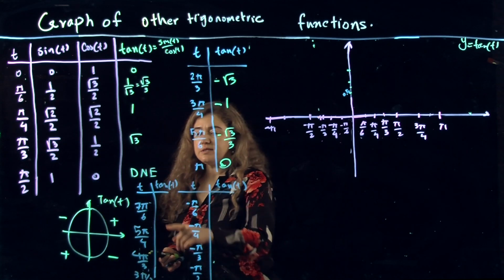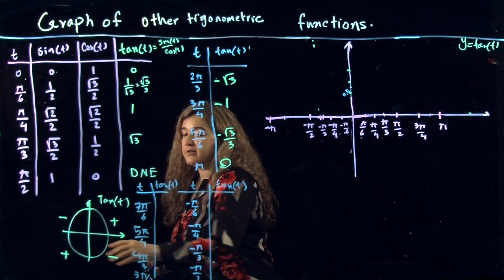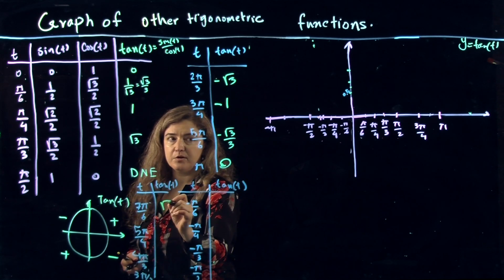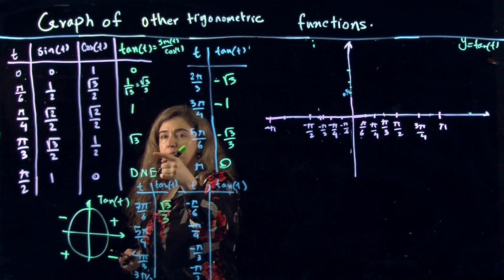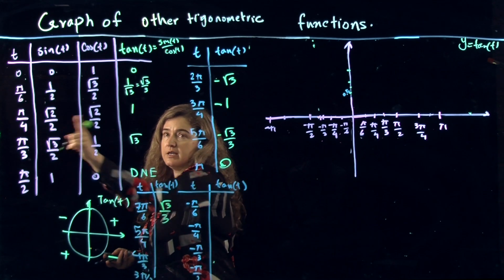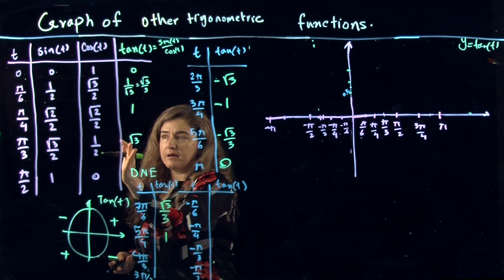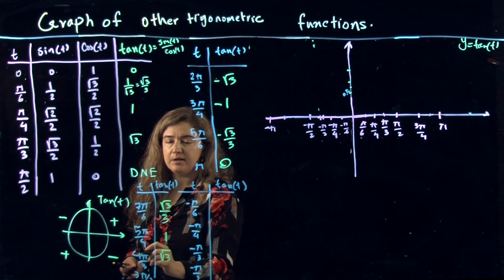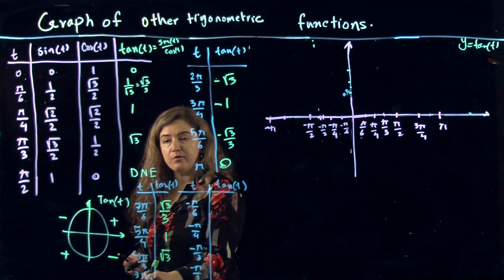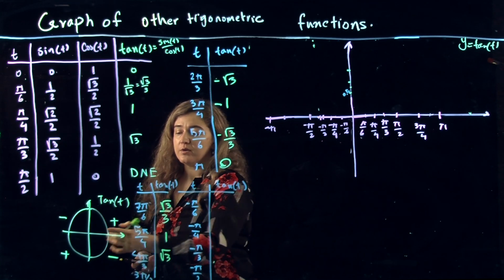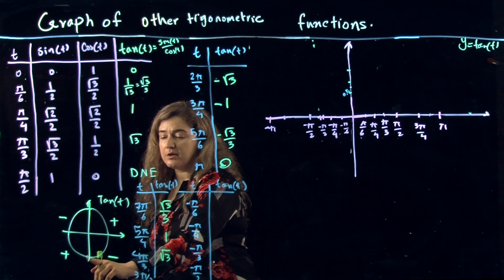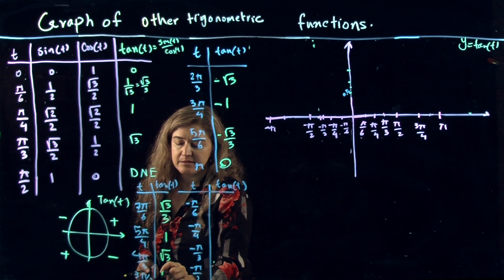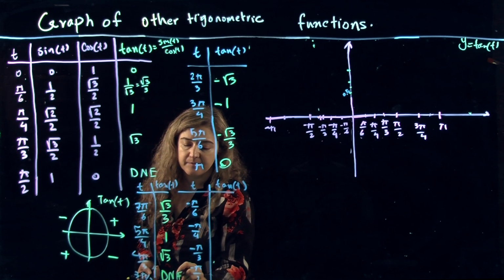Okay, so 7 pi 6, and in third quadrant everything is positive. Pi sixth over here gives me square root of 3 over 3. Pi fourth over here gives me 1. Pi third gives me square root of 3. And 3 pi half gives me, over here, sine is equal to 1, cosine is equal to 0, and that does not exist again.